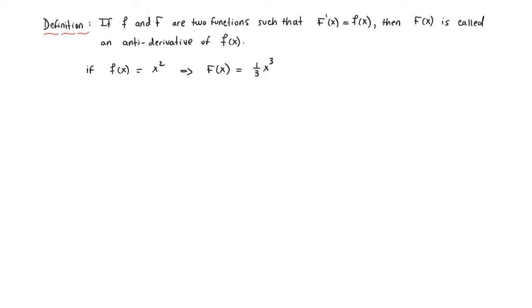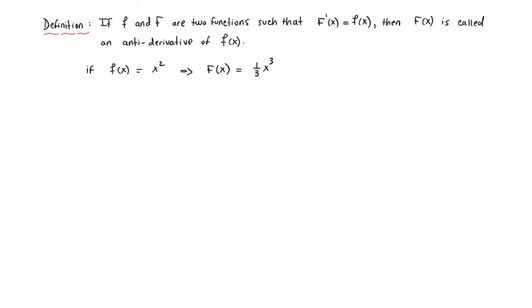Now, I said an antiderivative. My question now to you will be, is this the only antiderivative of x squared? Is it possible for x squared to have a different antiderivative? It is possible.